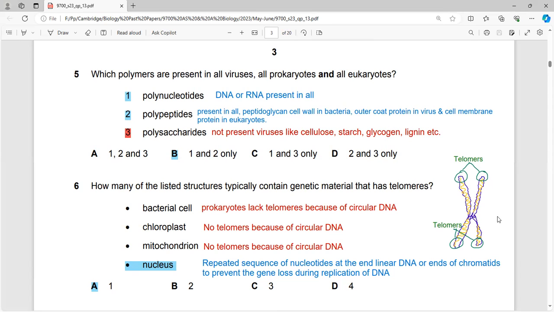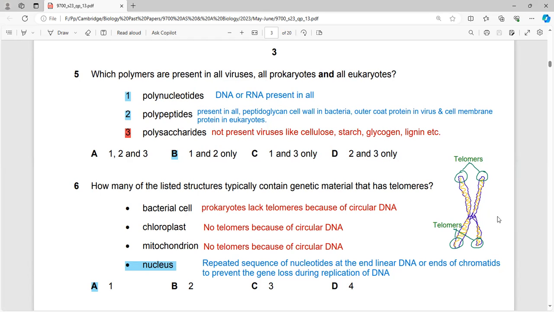For example, viruses contain it as genetic material, a central core made up of either RNA or DNA. Prokaryotic cells contain circular DNA in the form of plasmids, or they contain a nucleoid region. What about a eukaryotic cell? They contain DNA and RNA, with DNA in the form of chromosomes in their nucleus. So that's why this is present in all.